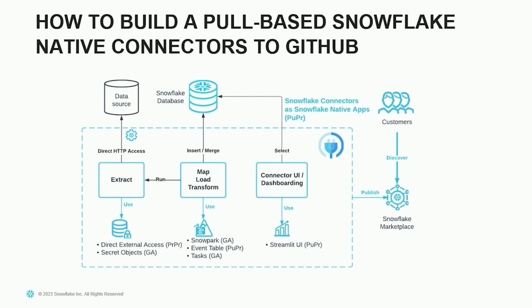The pull-based connector, conceptually, a native connector, would have three boxes. The extractor part that would connect to the data source using direct HTTP access.